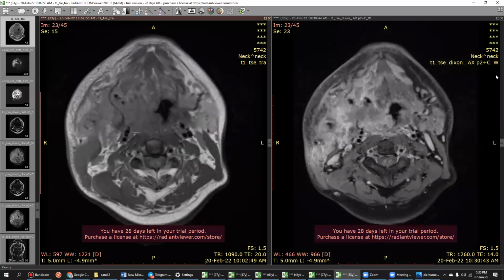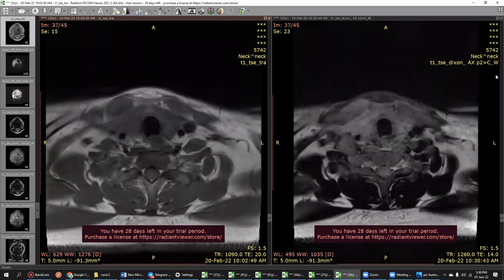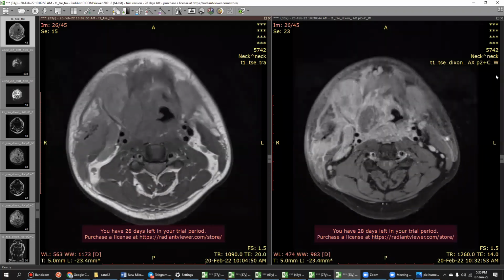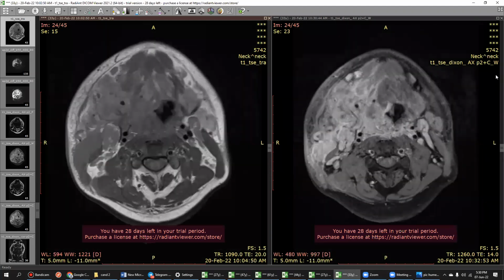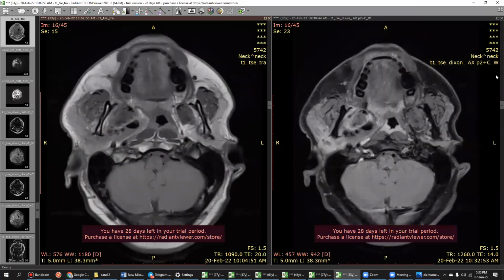Yeah, this gives me a possibility of neoplasm more than infection. It is an aggressive lesion in the area of the neck. So how will you differentiate if it's a neoplasm or an infection? Well, in infection, there are much more abscesses and fluid collections.